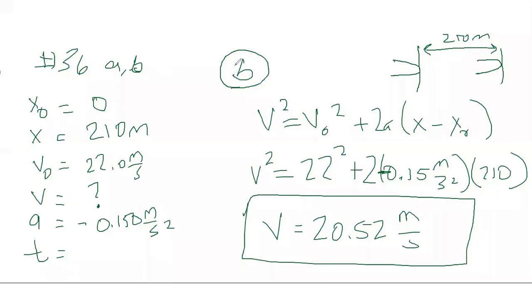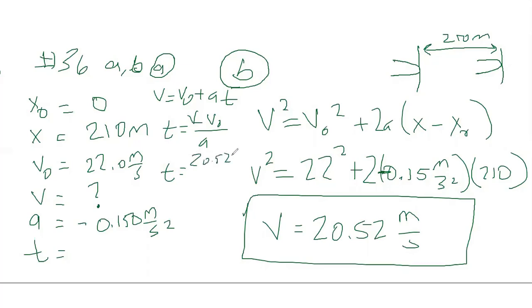So it's easier to actually do part B before you do part A, because now you have everything, so you can just solve for the time. V equals V naught plus at. T equals V minus V naught over a. T equals 20.52 minus 22 over negative 0.15.